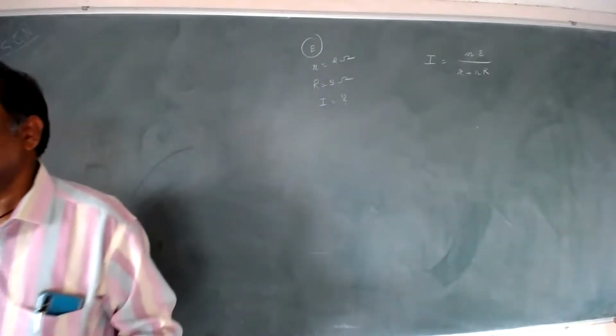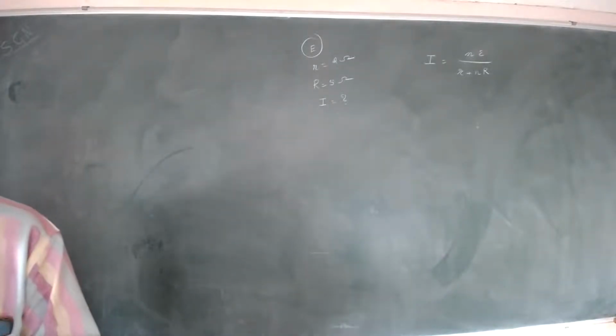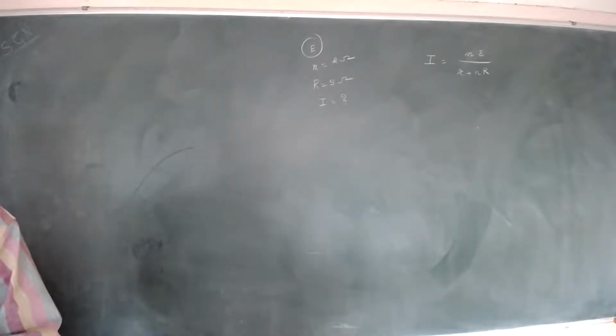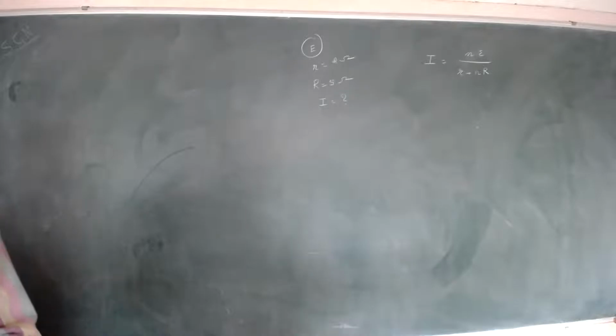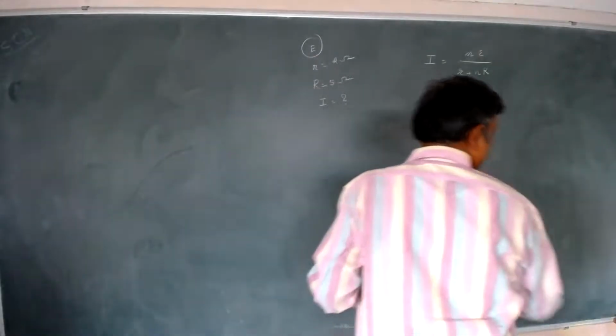So the question number 53. The potential difference across a cell is 1.8 volts when a current of 0.5 ampere is drawn from it. The potential difference falls to 1.6 volt when a current of 1 ampere is drawn. Find the EMF. Look at this problem.